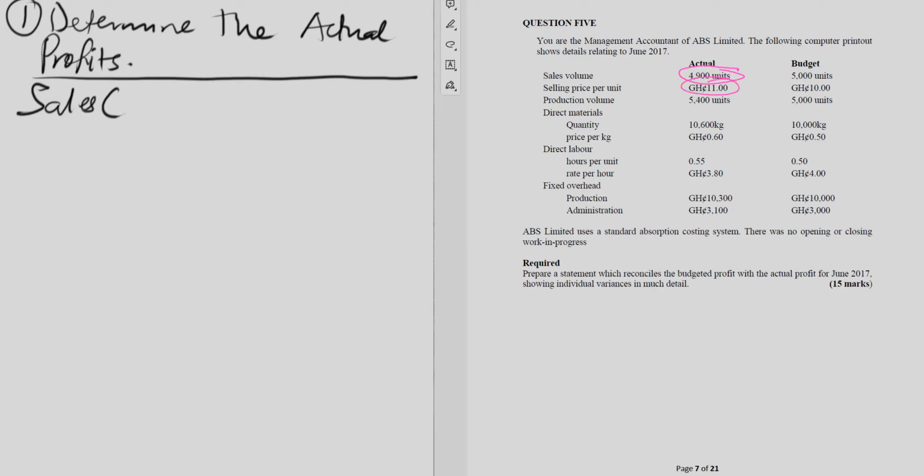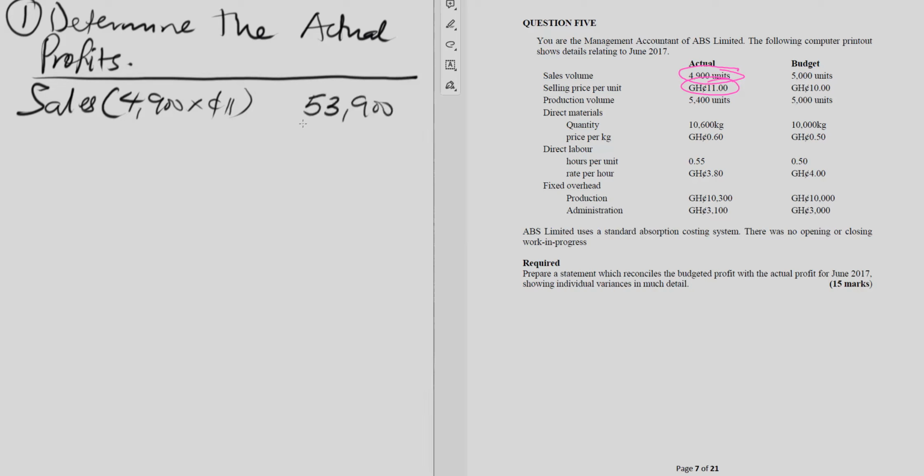So what you are going to do is just take your 4,900 and multiply by 11 cedis per unit, and that will give you the exact value you should be expecting for the sales. That's 4,900 by 11 cedis per unit. That gives us 53,900 as our selling price, which becomes our sales.